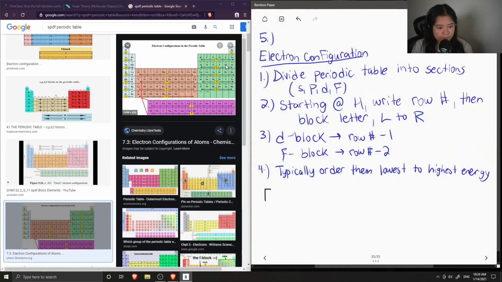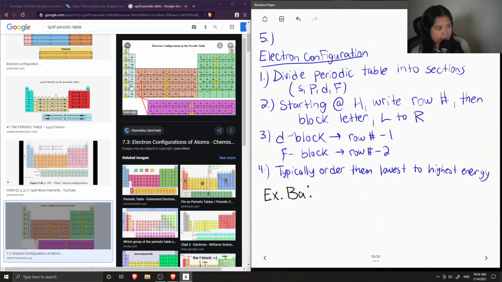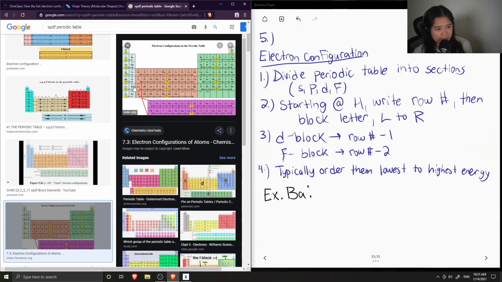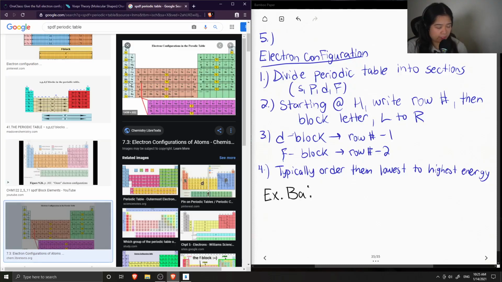So for barium, first let's locate it on the periodic table. You can see it's right down here. It has the atomic number 56, and we need to write the full electron configuration. So no shortcuts, we don't write the shorthand configuration.